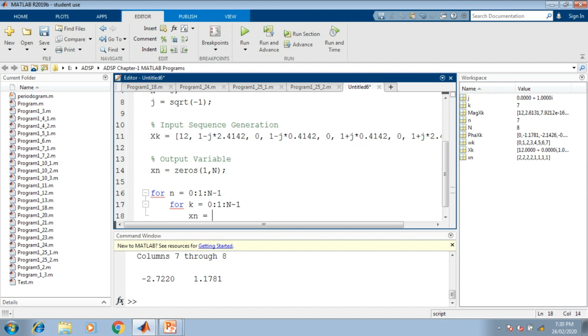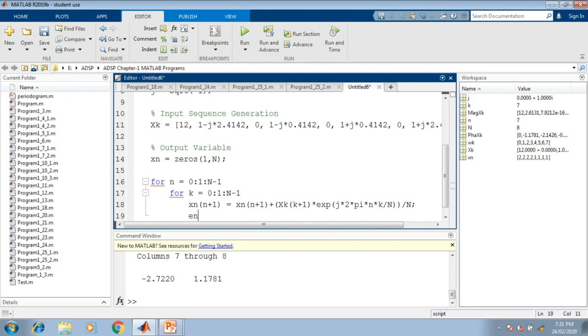So xn of n plus 1 is equal to xn of n plus 1 added to capital Xk of k plus 1 multiplied by the exponential of j times 2 times pi times small n times small k, which is totally divided by capital N. And we have 1 by N multiplied by this, so we make it divided by capital N.